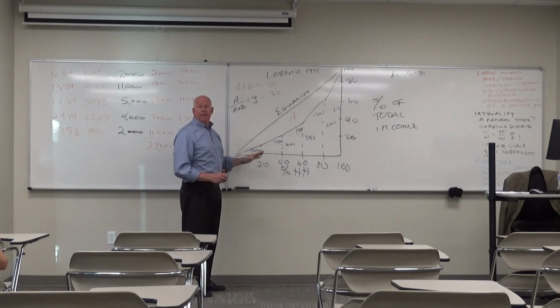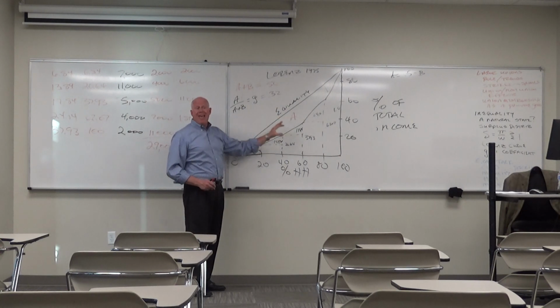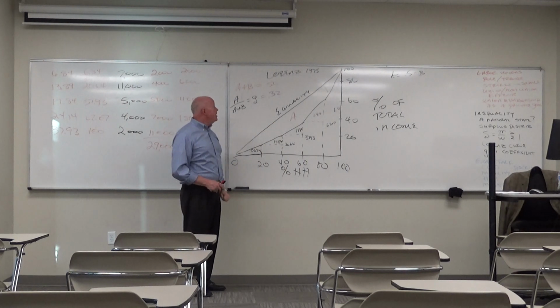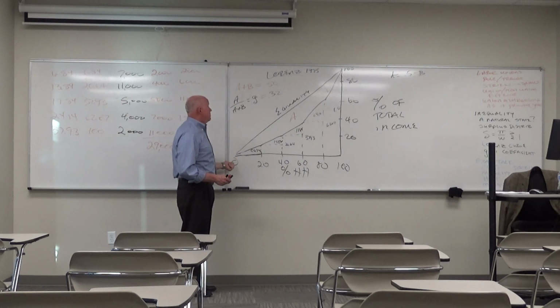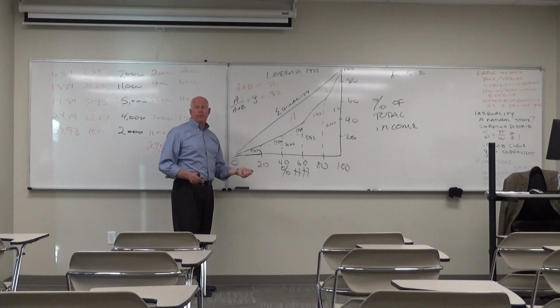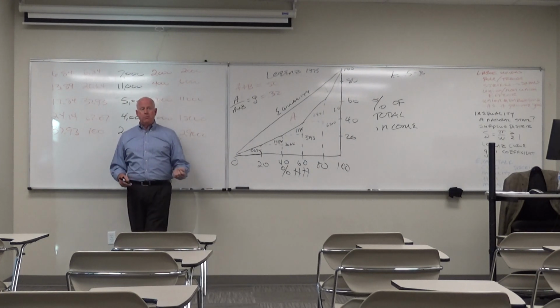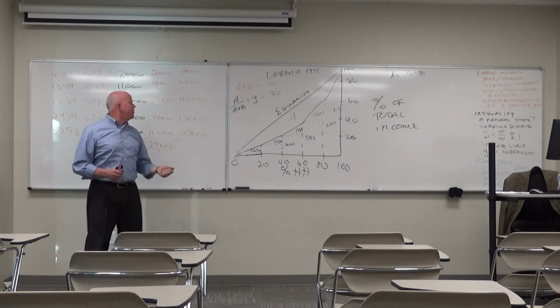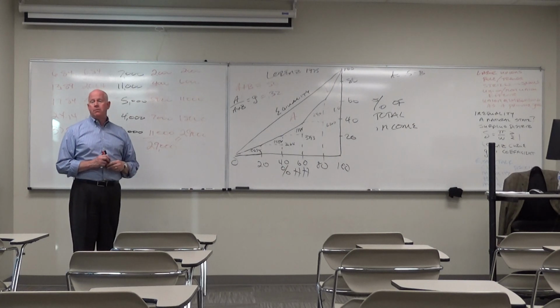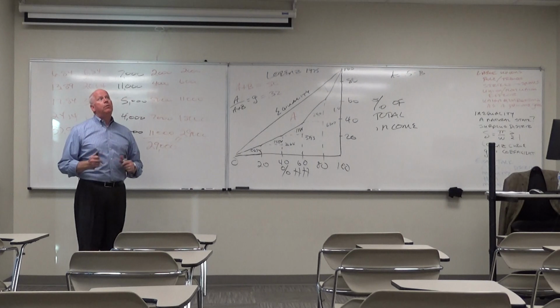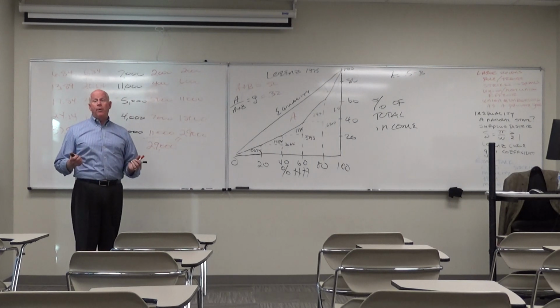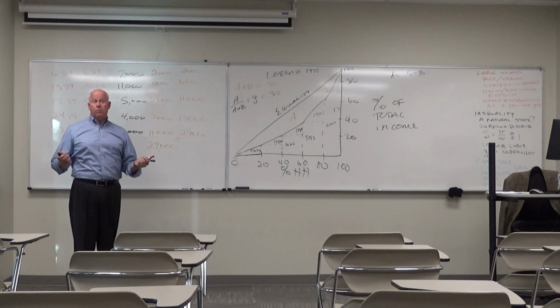So, and if I had no A, then what's my Gini coefficient? What is 0 divided by 0.5? Well, 0 divided by 0.5 is unknown, right?